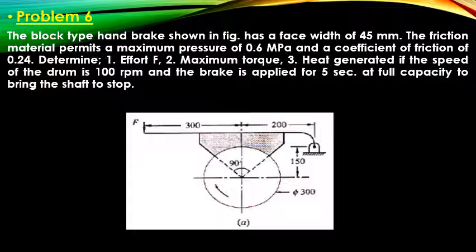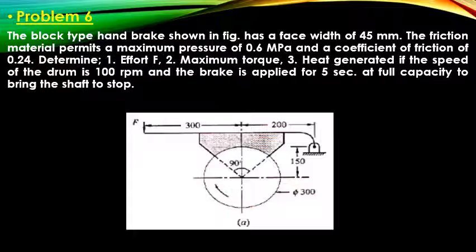So from this figure we can see it's a block type of brake in which the block along with the lever is situated at the top of the brake drum. We need to identify which category or case this block brake belongs to. As we have discussed the three cases, whether the FT passes through the fulcrum or whether it belongs to the other category.